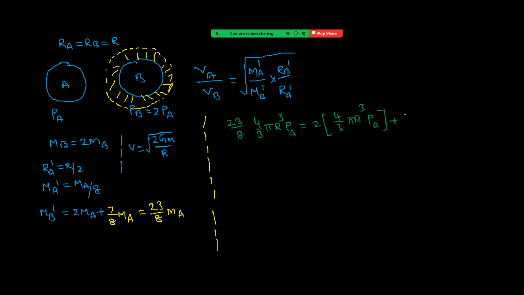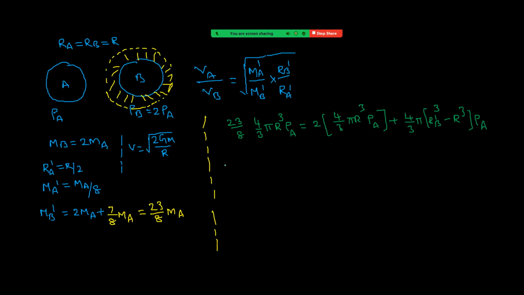I'm taking the total radius as RB dash. So the outer volume is 4 by 3 pi RB dash whole cube, minus, from that I am subtracting the inner volume, that is R cube. Check once. 4 by 3 pi RB dash cube, outer volume minus inner volume, into density of A, right?